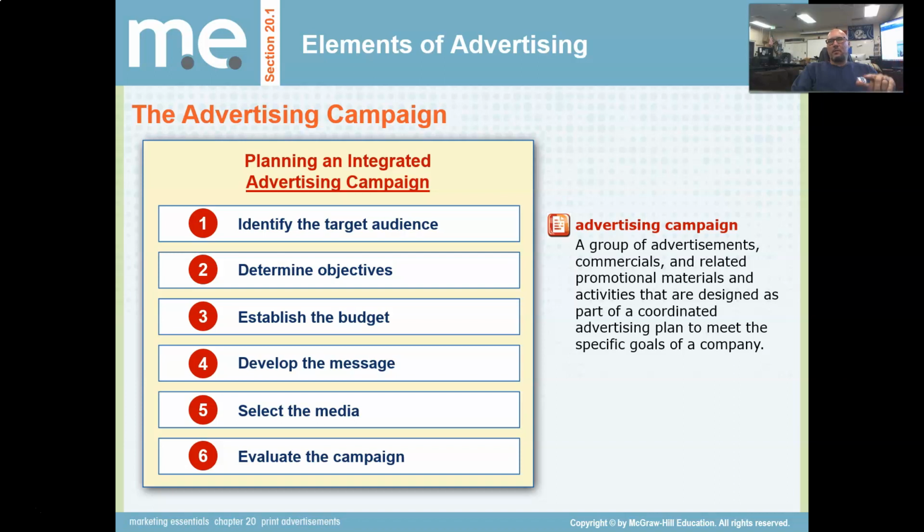Is it newspaper? Is it magazine? Is it online? And number 6 is evaluating the campaign. The definition of advertising campaign is a group of advertisements, commercials, and related promotional materials and activities that are designed as part of a coordinated advertising plan to meet the specific goals of a company.